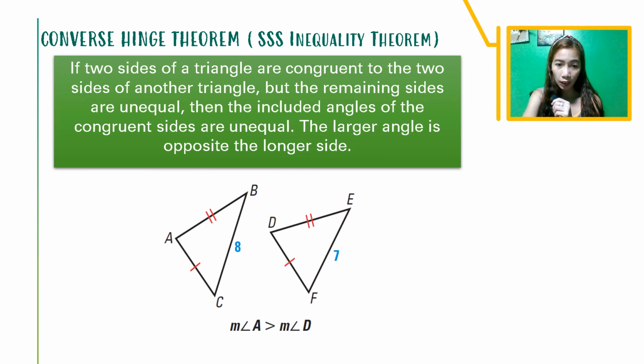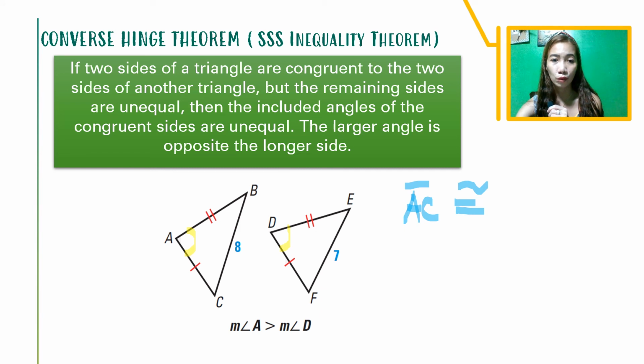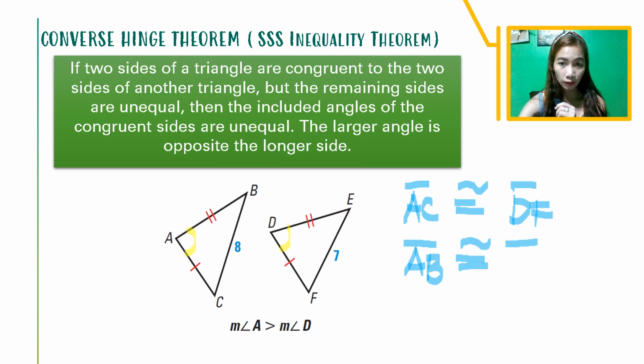Where are our A and our D? It says A is greater compared to D. Why? We know the equal sides: segment AC is congruent to segment DF, and segment AB is congruent to segment DE. The remaining sides are different.